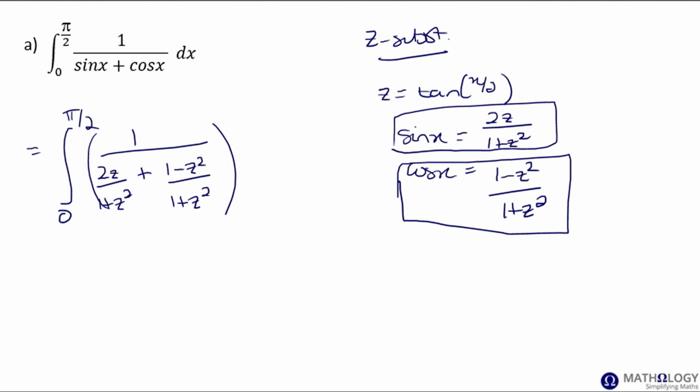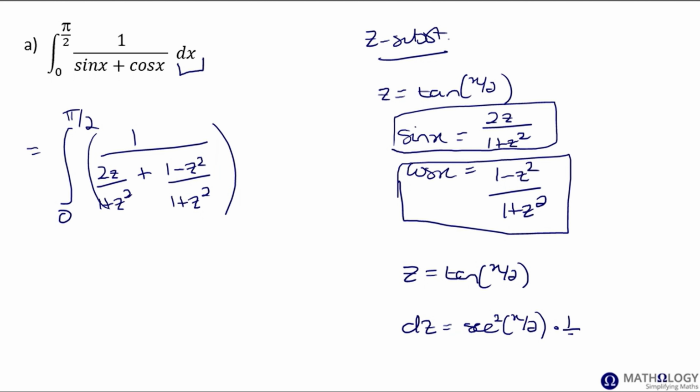We also need to get an expression for dx. So we're going to use z equals tan x over 2. When we find the derivative of this expression, dz will be the derivative of tan, which is sec squared x over 2, times the derivative of x over 2, which is a half.